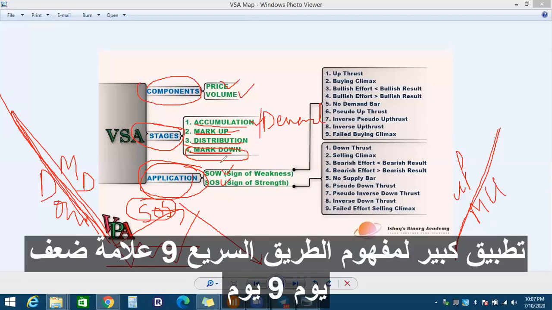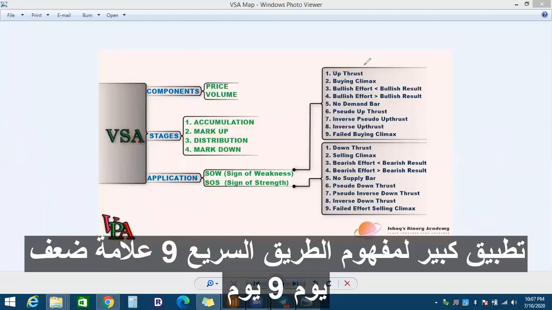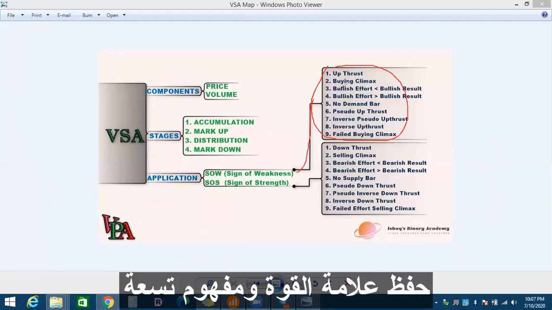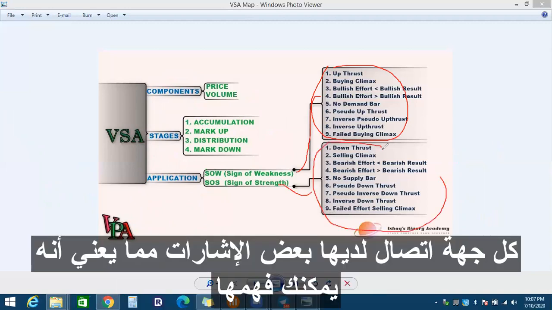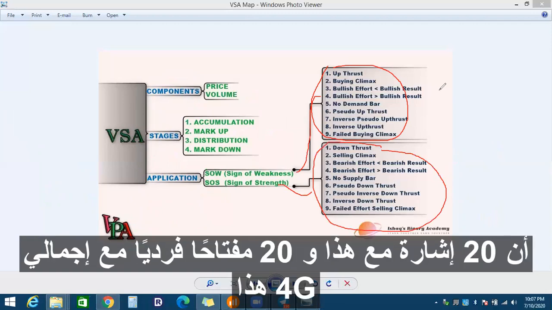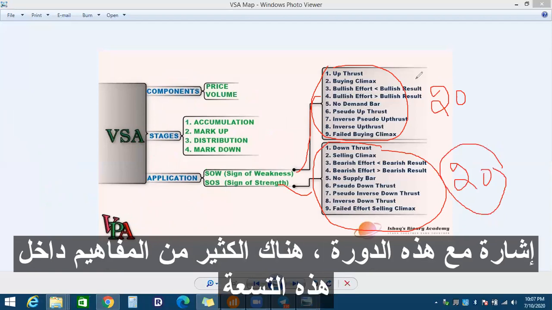These two applications have 9 concepts each. The sign of weakness has 9 concepts, and the sign of strength has 9 concepts. Each and every concept has some signals. It means you can understand that 20 signals with this and 20 signals with this, so in total you will learn 40 signals with this course.